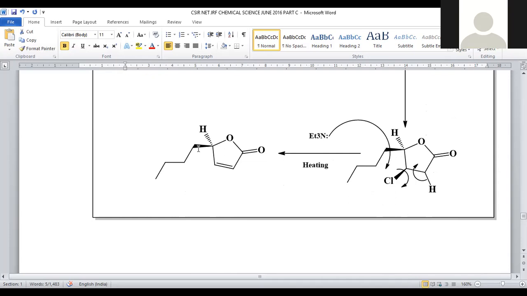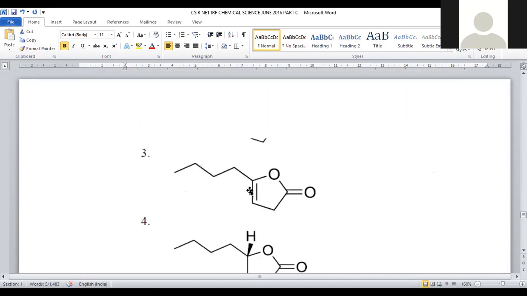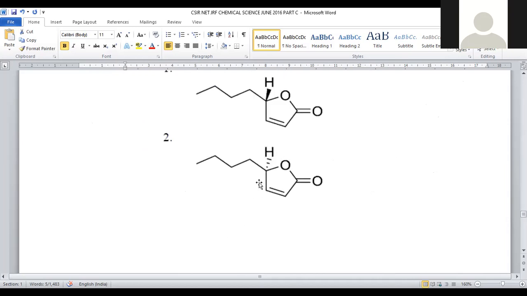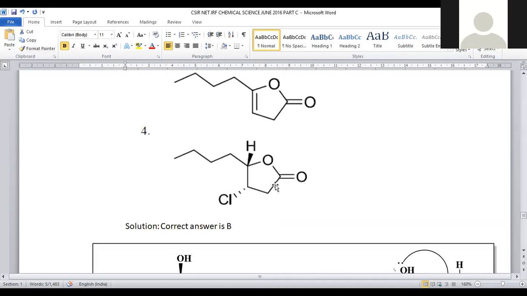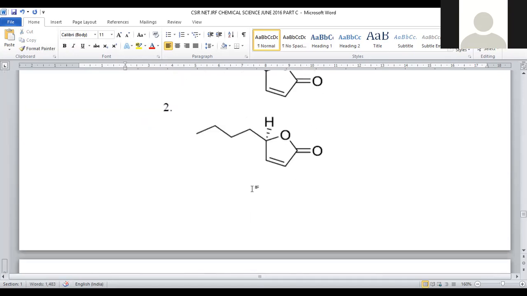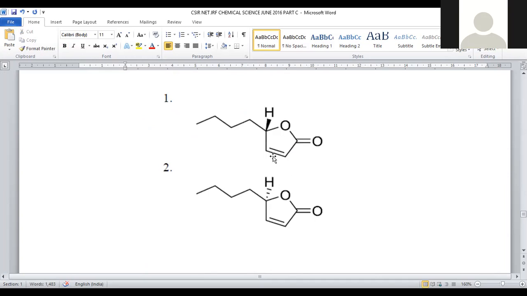In this manner, the side chain alkyl group is indicated with a wedge bond, and hydrogen will not be varied, so it is again present at the back only. And this is a cyclic lactone system, and here we have an olefinic double bond, right? So in that kind of representation, hydrogen should be at the backside. That is represented in option number 2. In option number 2, hydrogen is represented in the backside. This will be the stereochemistry.